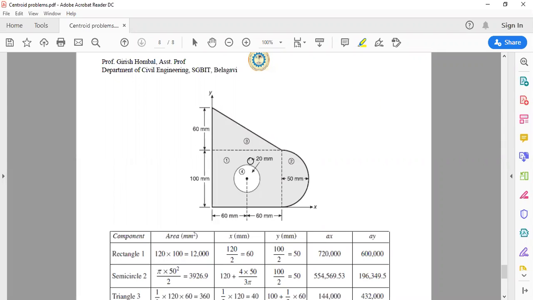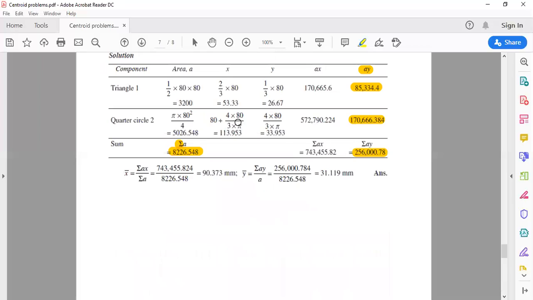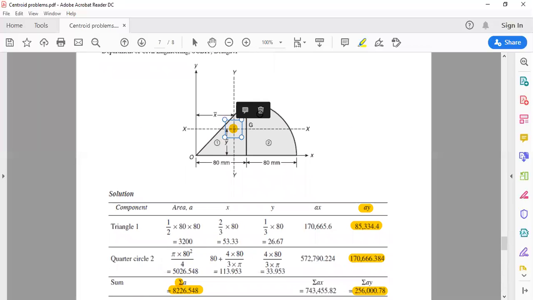But what is to be noted here is that this circle is a cutout. It is a cutout in the sense you're supposed to deduct this part in the calculation. In the previous problem there was no such deduction, so triangle plus semicircle.